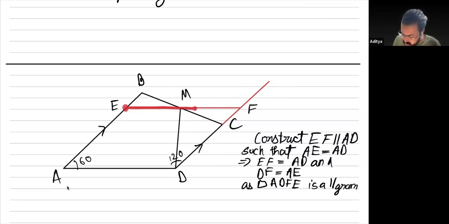You construct the line segment EF parallel to AD such that AE is equal to AD, and then point F is on DC extended such that EF is actually parallel to AD. This makes this quadrilateral a parallelogram. This was the assumption. If you put B on E and C on F, our assumption holds true and you get the midpoint M over here.